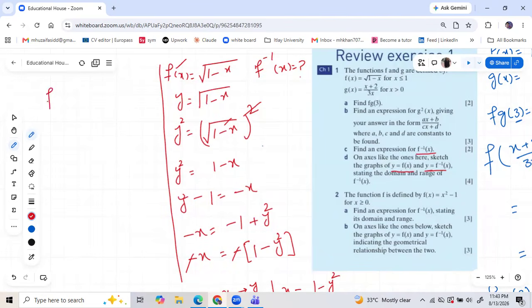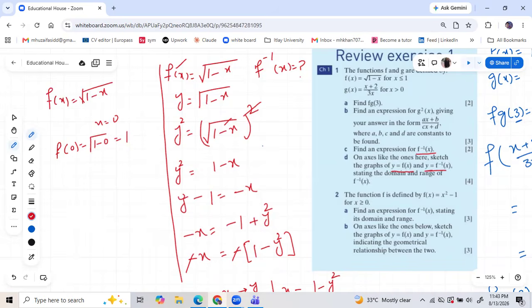First of all, our function is f of x is equal to the square root of 1 minus x. And you know what I'm telling you, negative under roots, we are skipping. Suppose we set x equal to 0, it gives us f of 0 is equal to the square root of 1 minus 0, which is equal to 1.